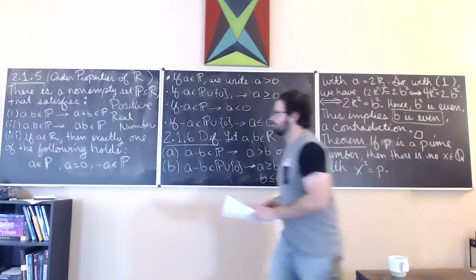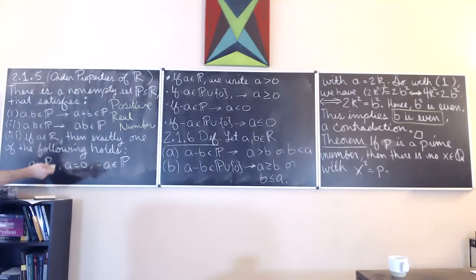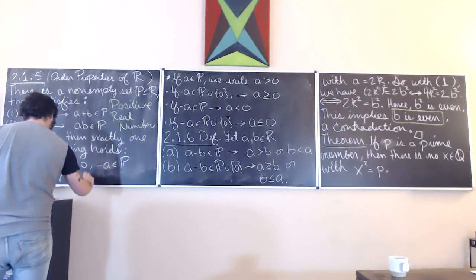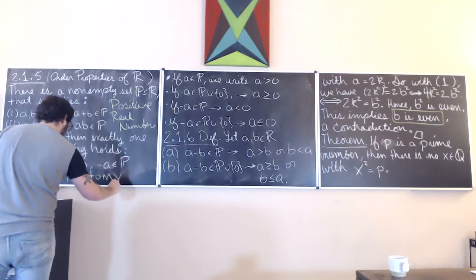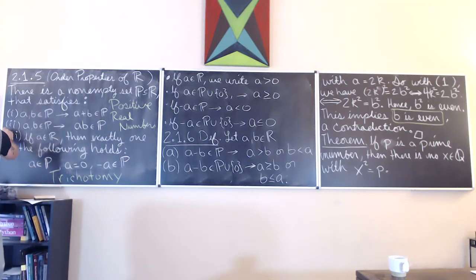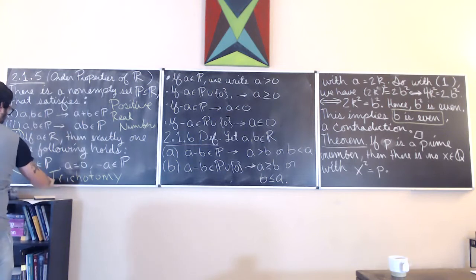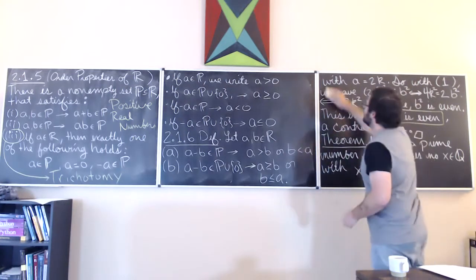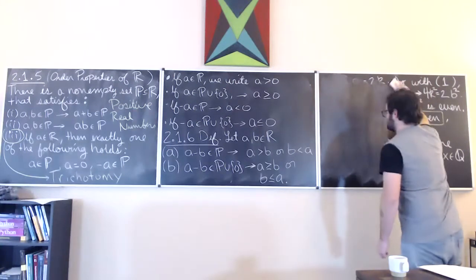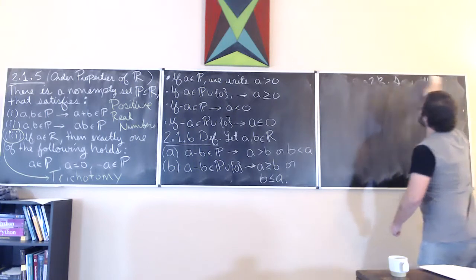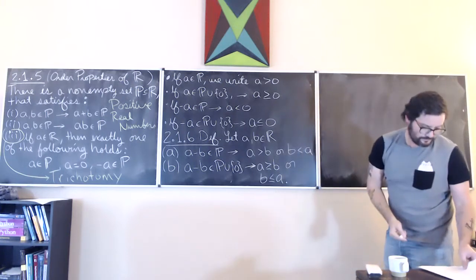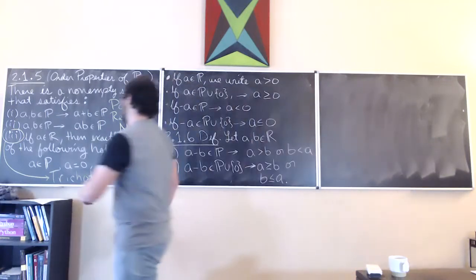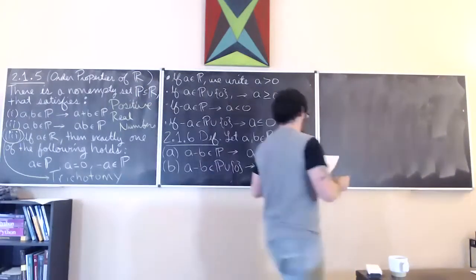Now, I almost forgot that this property 3 over here, I'm going to refer to as the trichotomy property. So this right here, property 3, is known as the trichotomy property. So this definition, together with the trichotomy property, implies the following.